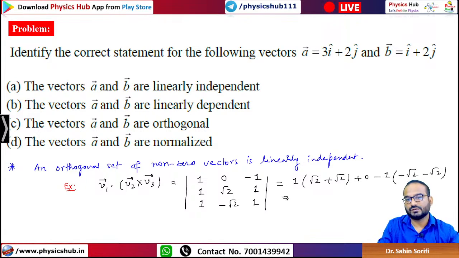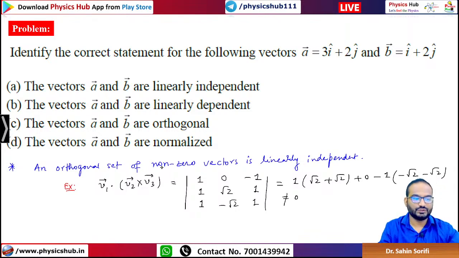Obviously, this is not equal to 0. So, if this is not equal to 0, then we can say v1, v2, v3 are linearly independent. That is why v1, v2, v3 being an orthogonal set of non-zero vectors is linearly independent. They are not zero vectors.